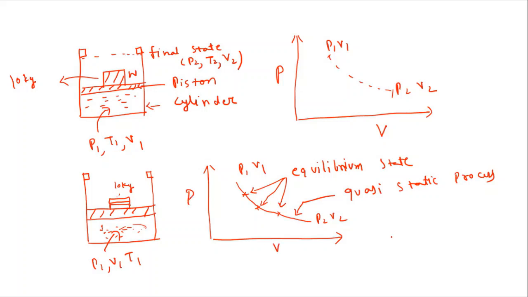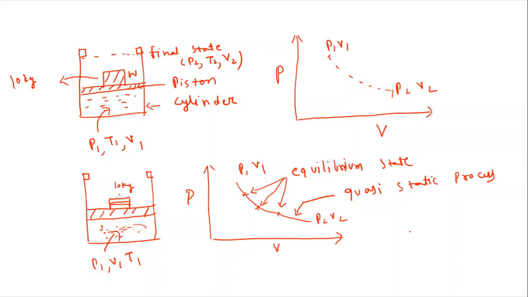Here I only took the example of 100 grams. If you reduce the weight further, say to 50 grams, the process becomes more reversible, and if you take 10 grams, the process becomes even more reversible, or slower. As in the definition, a quasi-static process is an infinitely slow process.